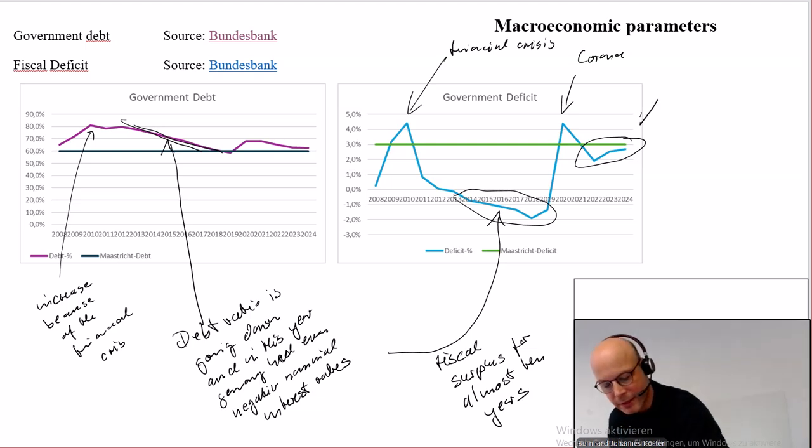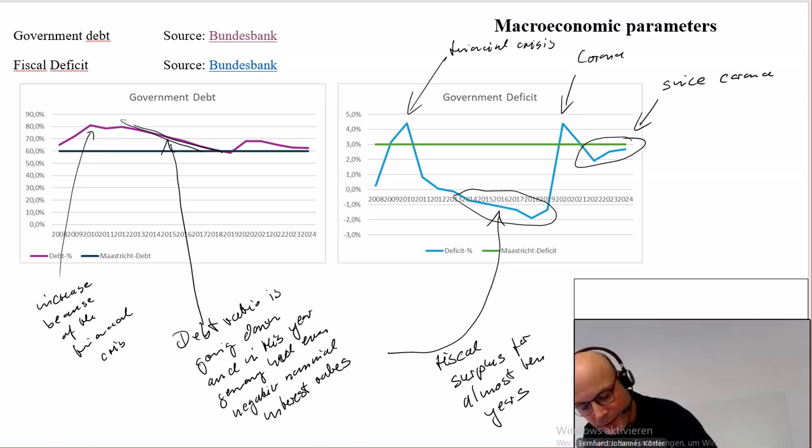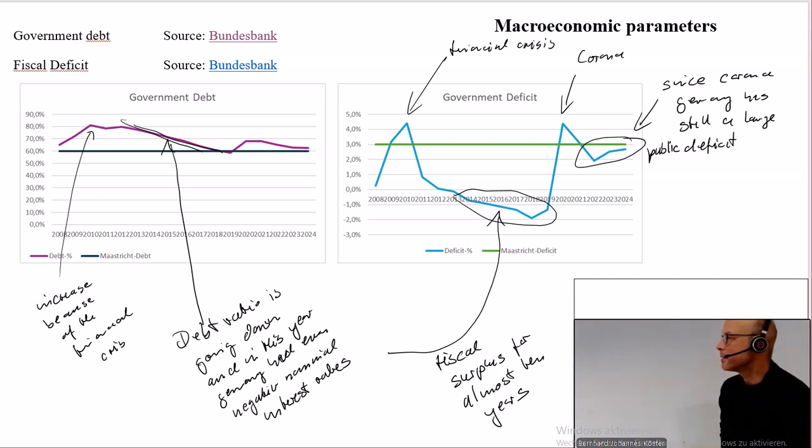So since Corona, Germany still has large public deficits.